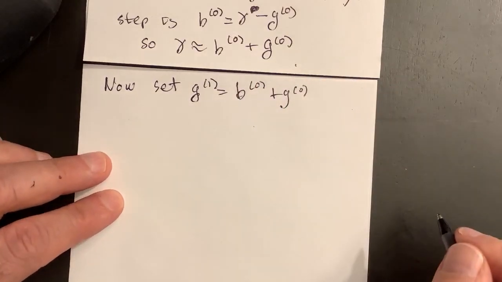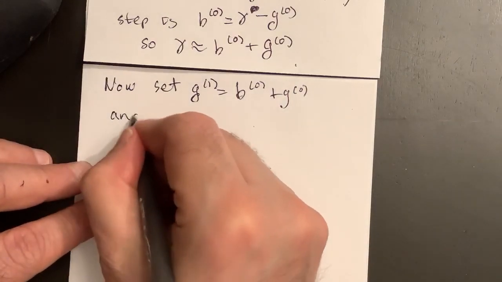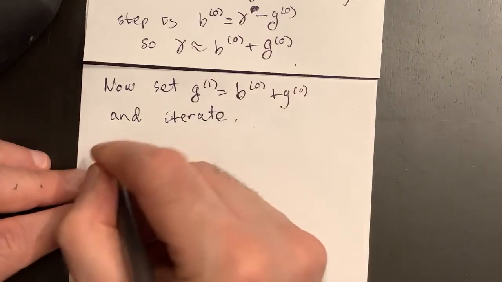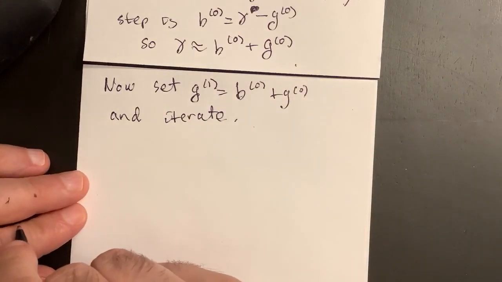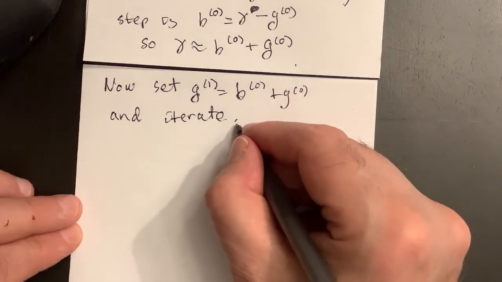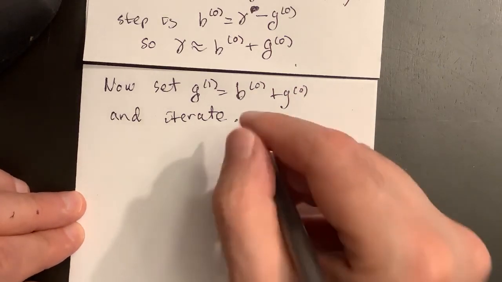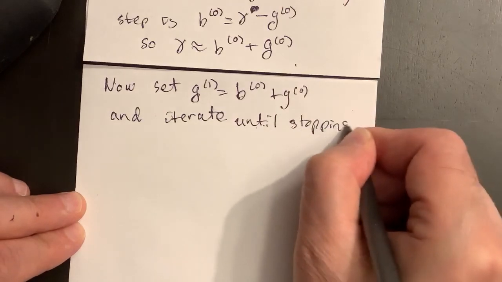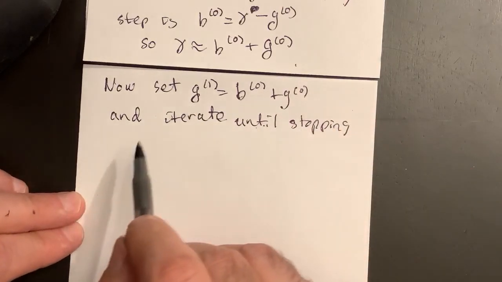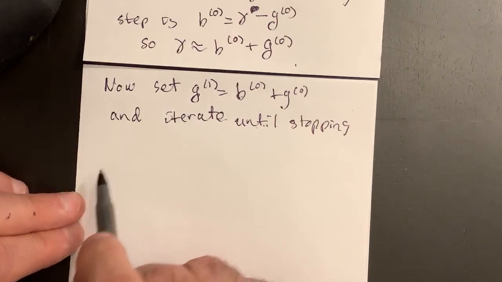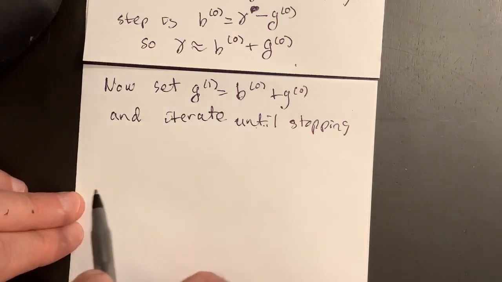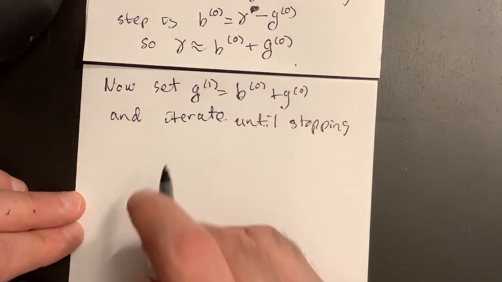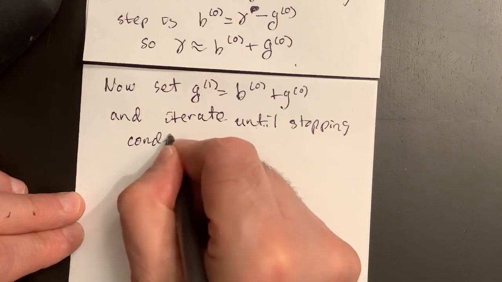We do it again, and we do this until we have a stopping condition. This will be when, say, the g's all converge to the same number, or we can use the SSE, and when that gets some small value or just seems to converge, then we stop. We'll talk about that next time.